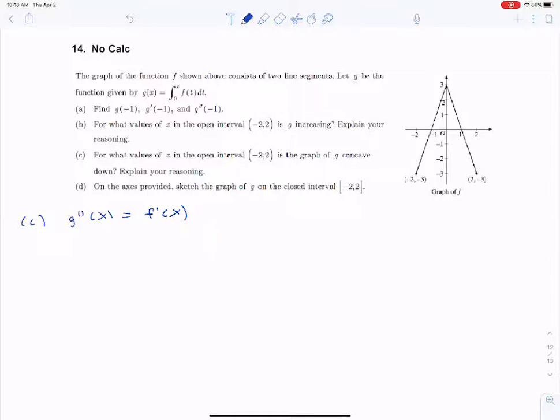Since when we talk about f prime of x, we're talking about concavity, the only way we can talk about concavity here is by talking about the derivative of this function right here. We're talking about the slopes of tangent lines.